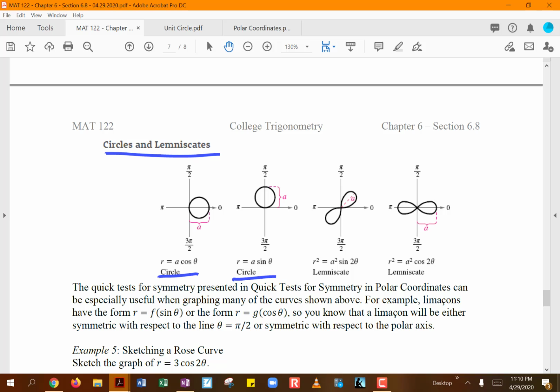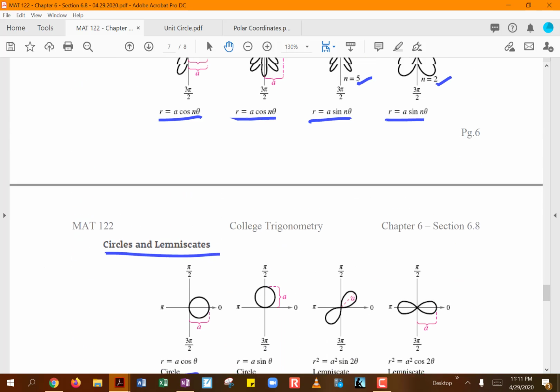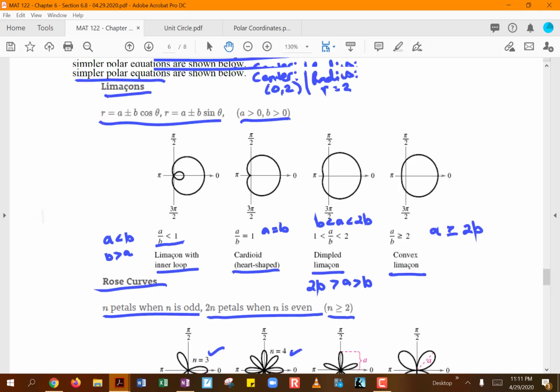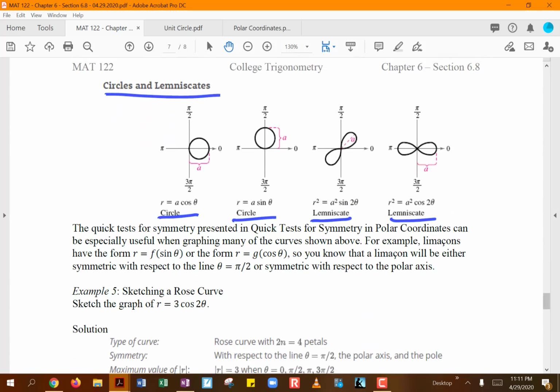These are all called Lemniscates. Depending on whether you have r squared equals a squared sine of 2 theta, you can see what that graph looks like. And if you have r squared equals a squared cosine of 2 theta, you can see this is going to be more of a horizontally oriented graph. Just different types of polar equations and what their graphs end up looking like.